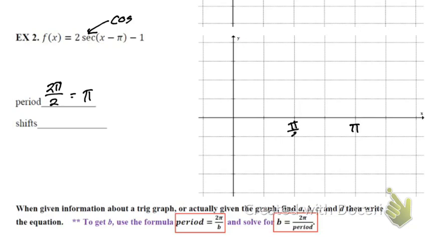So it should be pi over 2, pi over 4, and then 3 pi over 4 as well. Oh, yep, you're 100% correct. I jumped ahead of myself. I was hoping it was the same. Our period is just 2 pi over 1, because that came from there.